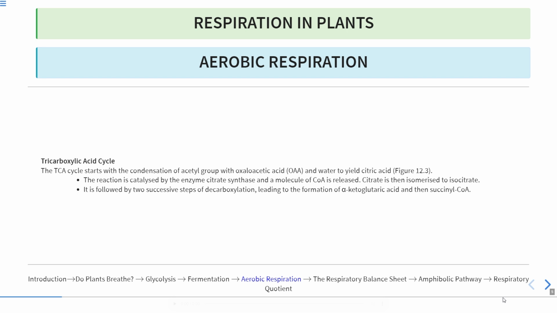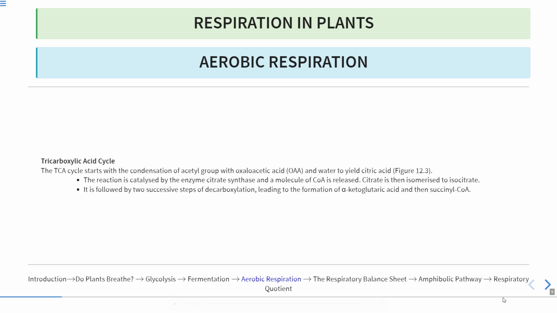In the first decarboxylation reaction, isocitrate is converted to alpha ketoglutarate, and for this there is a requirement of an enzyme called isocitrate dehydrogenase. Here one NADH2 molecule is formed.